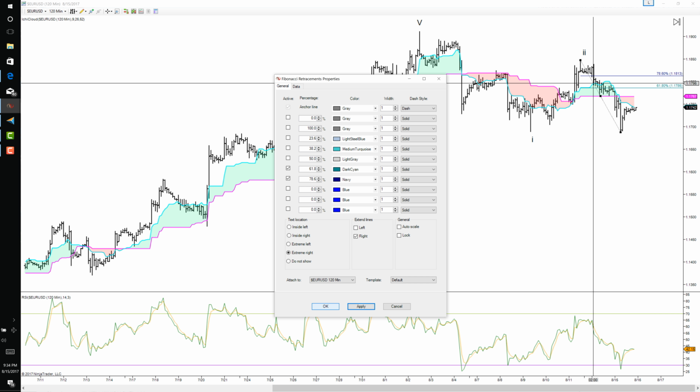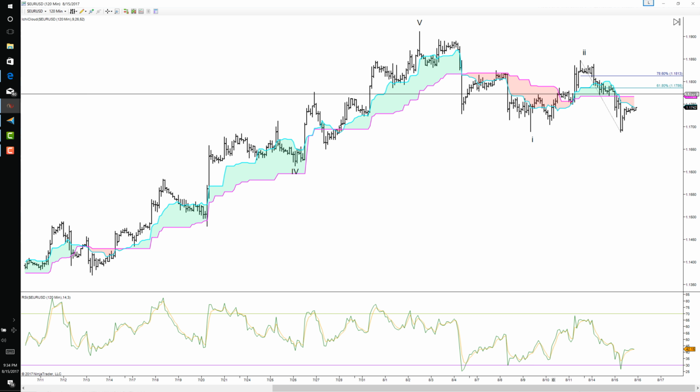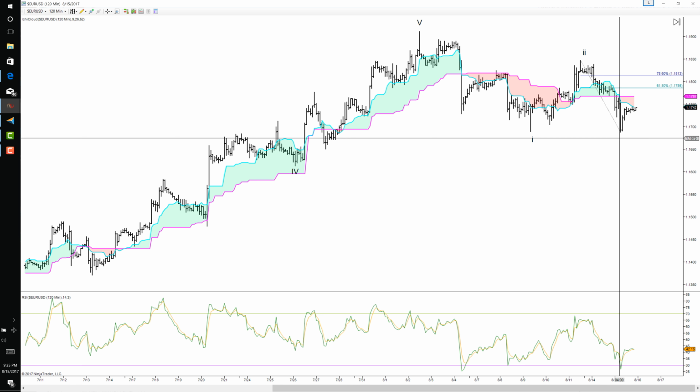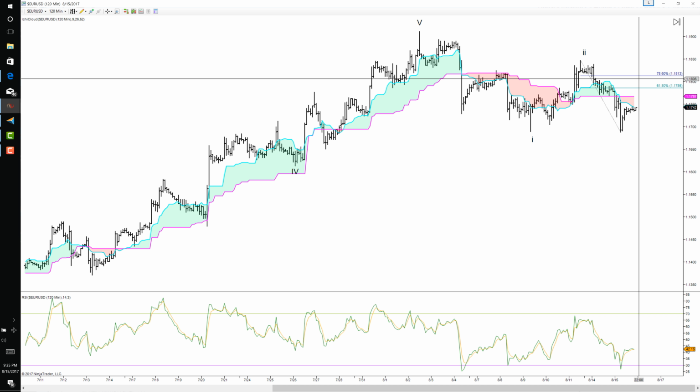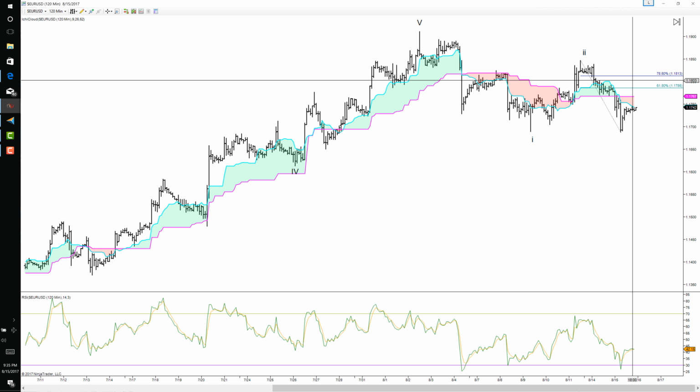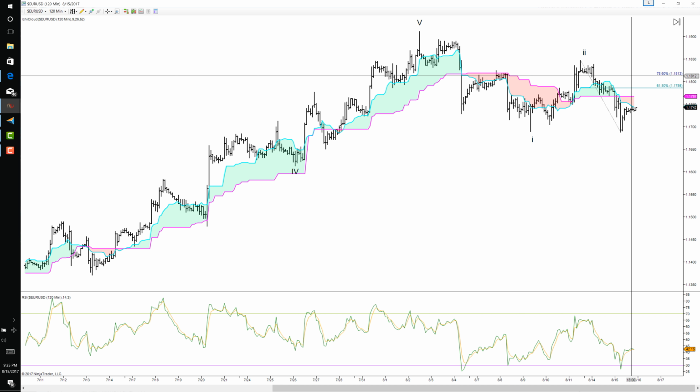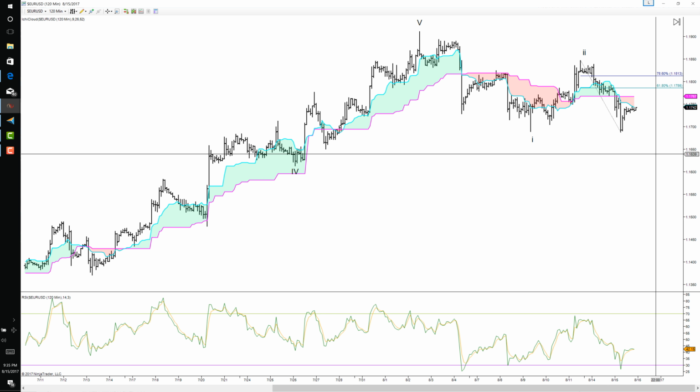So as you can see, if this was a possible count, you will have a 1, a 2, a 1 of 3, then you should see a 2 of 3, which would find resistance in this area between 1786 and 1813, to where if this was the case, then you would go short.